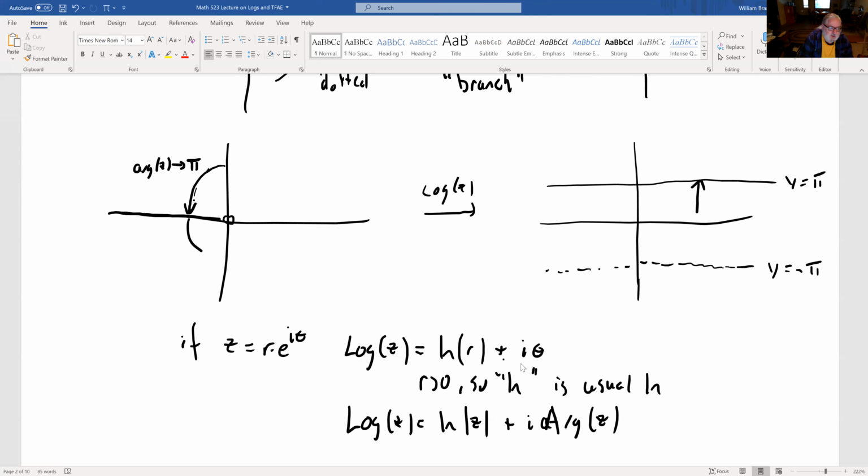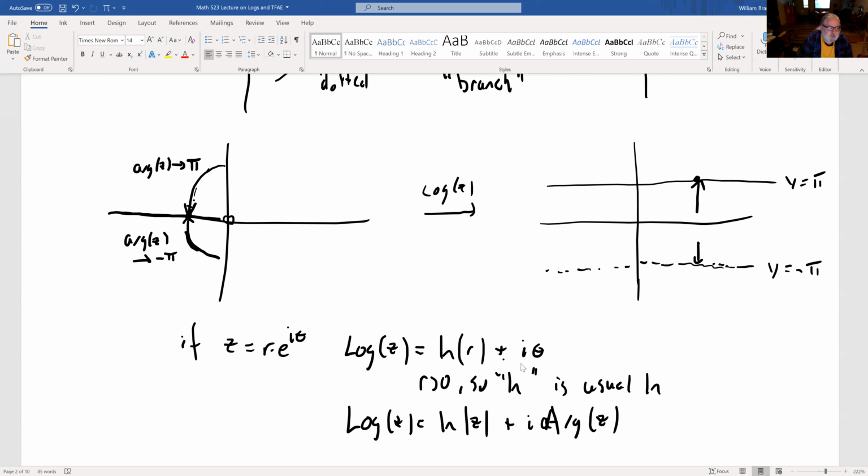If I go the other way, my argument is approaching minus pi. So along this path, we're going that way. And so what that means is that this particular point actually gets mapped up here, because this bottom line is not part of the range.